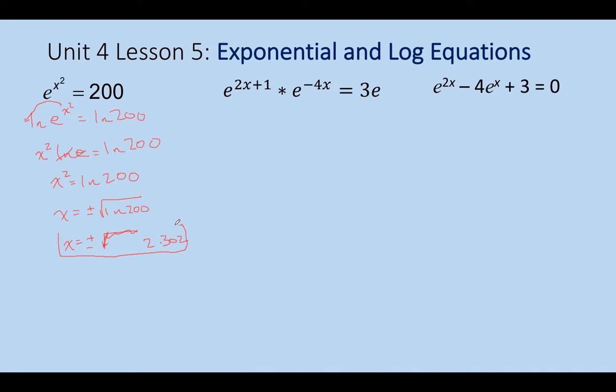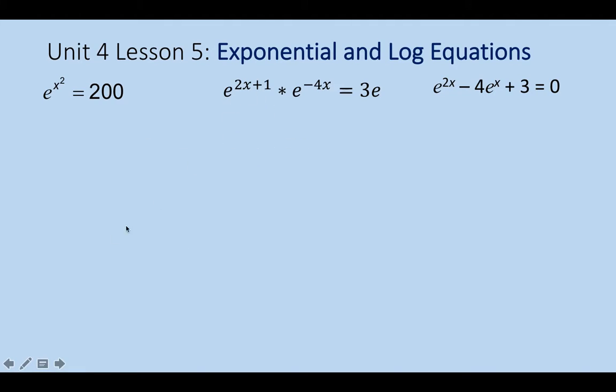All right. So that one's not so bad, but again, using this trick of just taking the natural log of both sides. Okay, with this one here, we've got all of these e's, and remember, when we're multiplying exponents with the same base, and these definitely both have the same base, e, you're going to add them together.